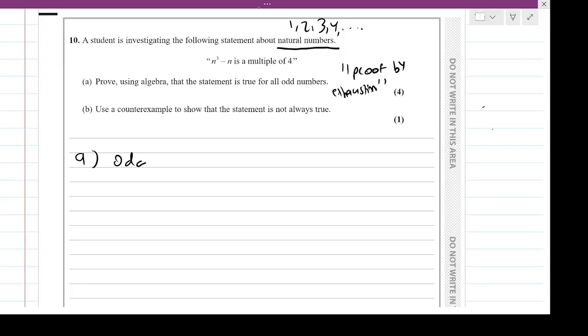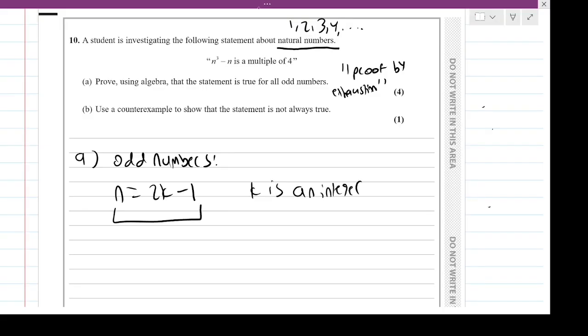If n is an odd number, remember we can write any odd number in the form 2k minus 1, or plus 1, doesn't really matter, where k is an integer.